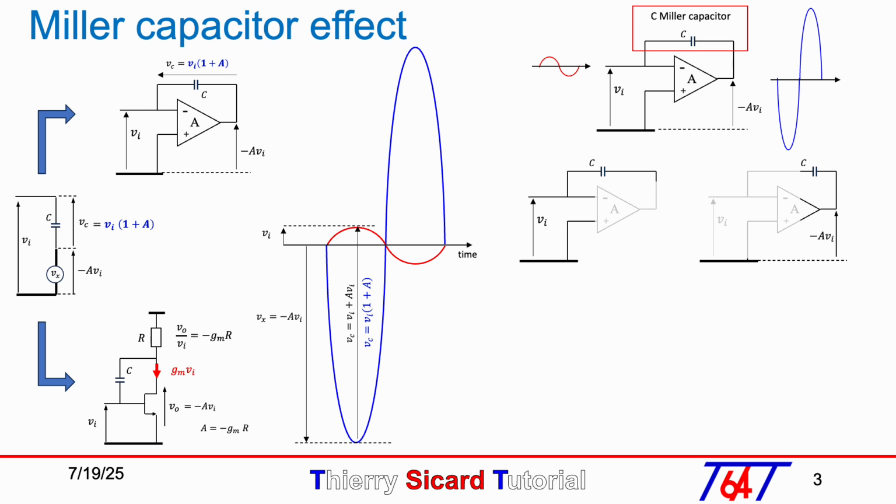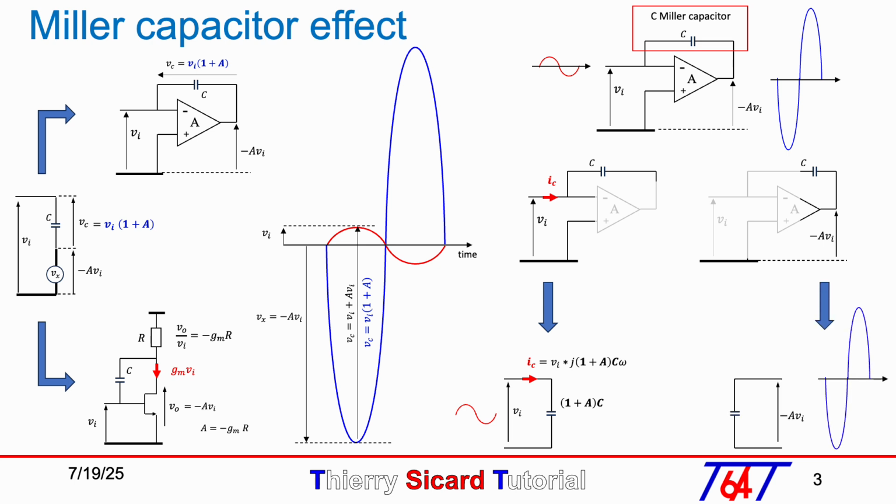On the input side, the equivalent model is capacitor C multiplied by the amplifier's voltage gain plus 1. Of course, the output receives the same capacitive current as the input, which is Ic equal Vin times 1 plus A times Cω.